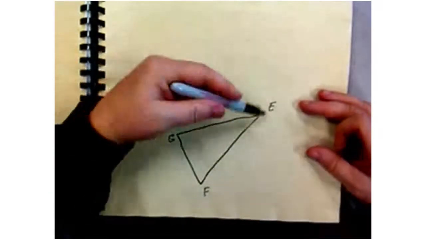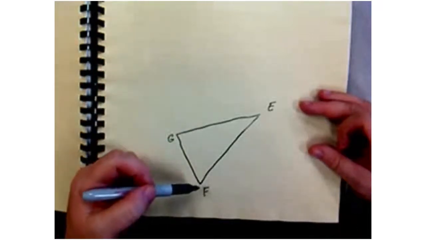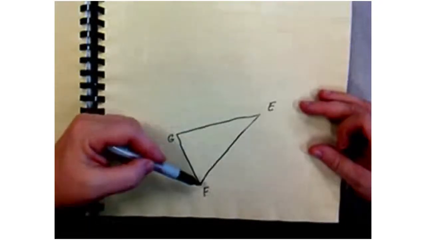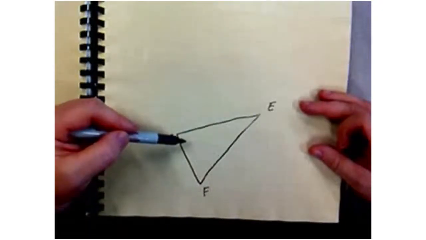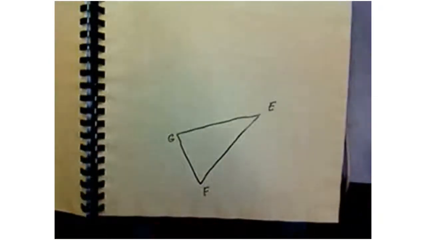And it says EF plus FG has to be equal to EG. And that would be false, wouldn't it? Because you just learned using your triangle inequality theorem it has to be greater than it in order to make a triangle.